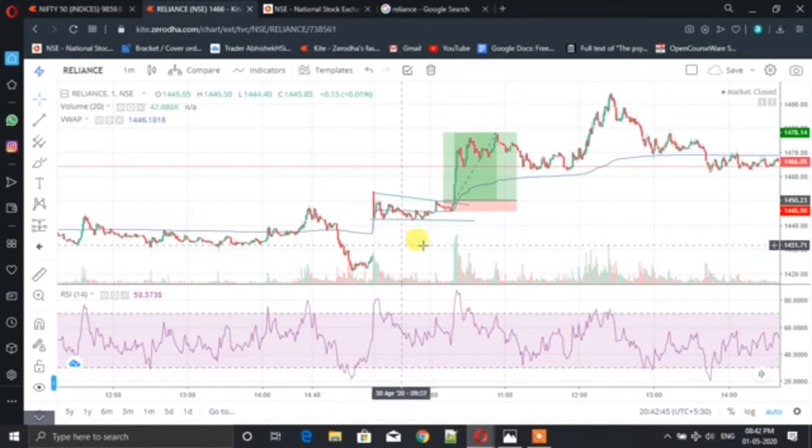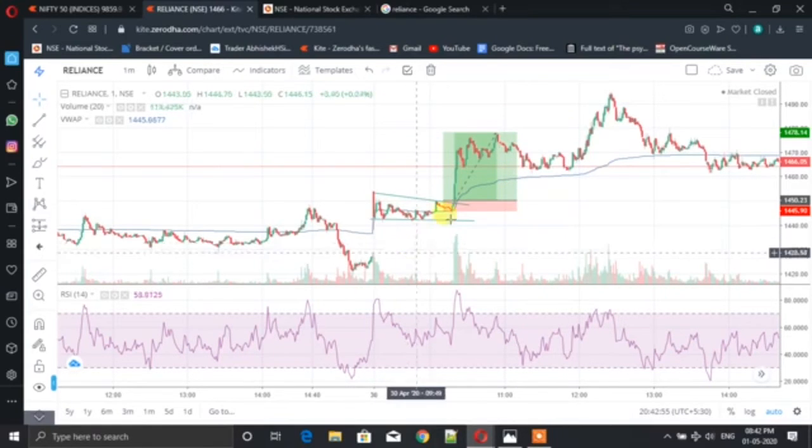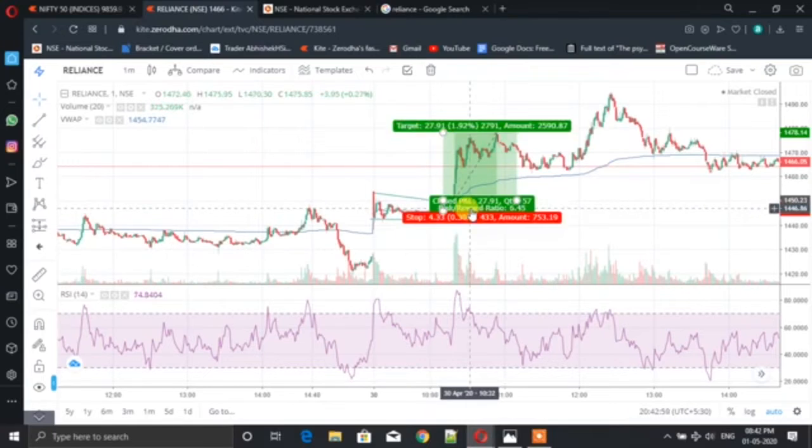So if one had traded this point, they would have made a profit of 27 points. If the quantity would be 1000, they would have made a profit of 27,000 with a stop loss of 4 points.